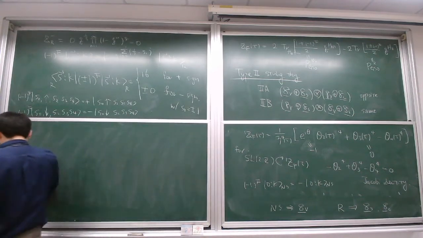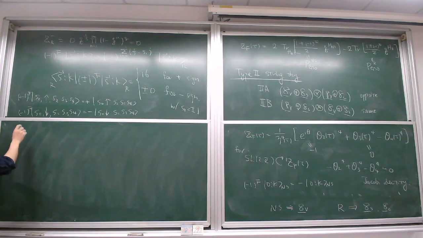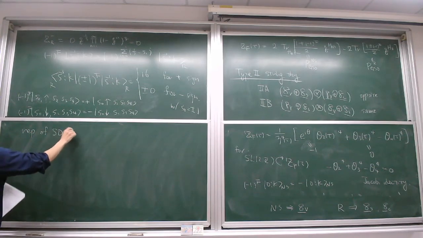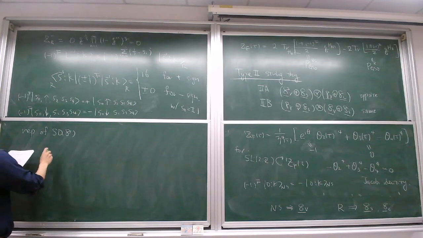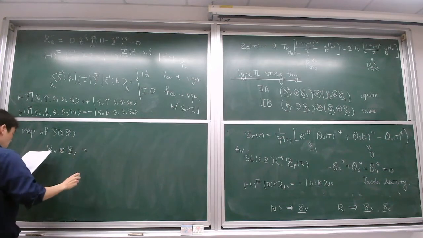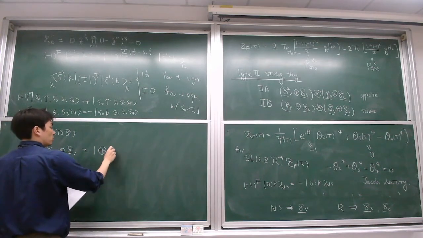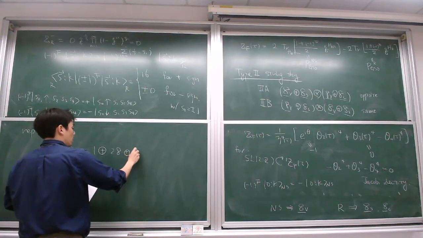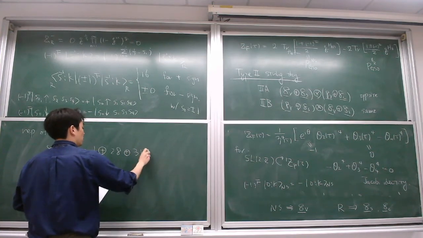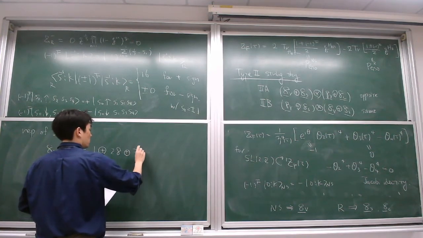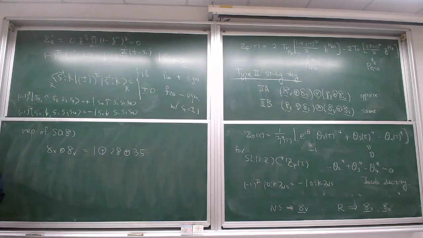And then you can do the following exercise. Everything is under representations of the little group SO(8). So you have 8V times 8V, which indeed decomposes as 1 plus 28 plus the irreducible representation 35. Do you remember how 8V decomposes?